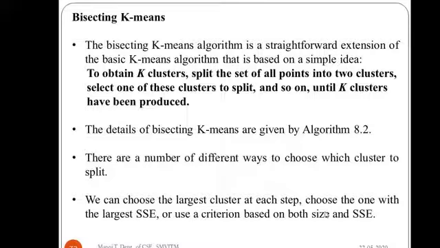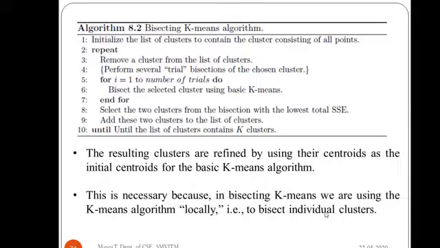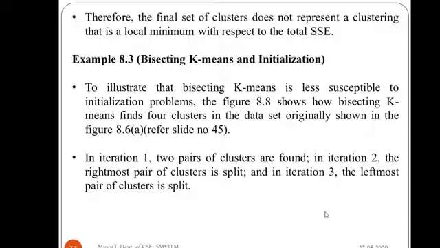Whichever is comfortable, you can use. The resulting clusters are refined by using their centroids as the initial centroids for the basic K-means algorithm. This is necessary because in bisecting K-means we are using the K-means algorithm locally, that is, to bisect the individual clusters.